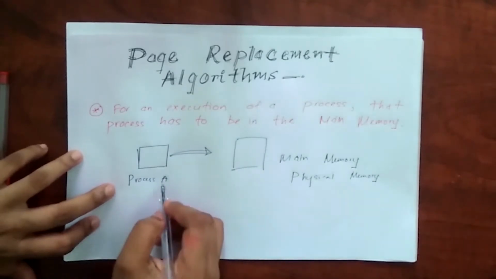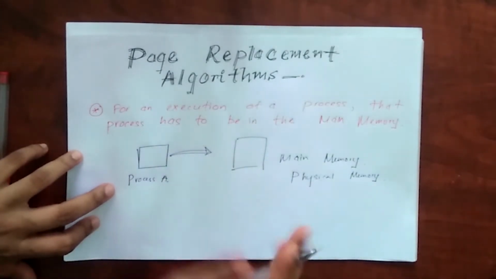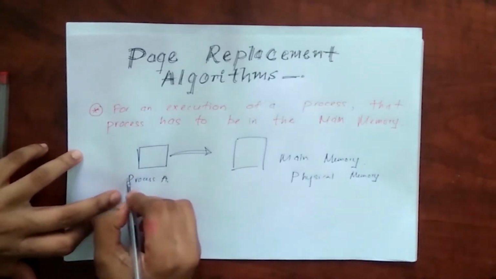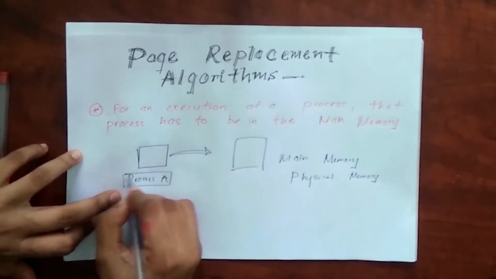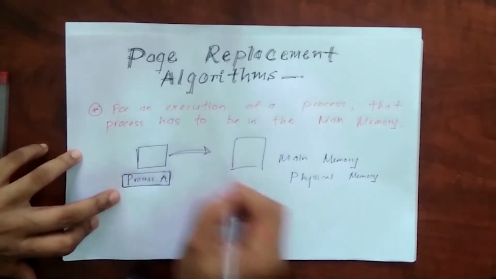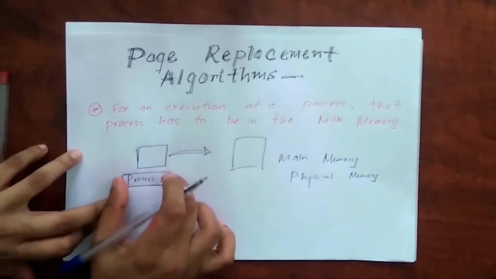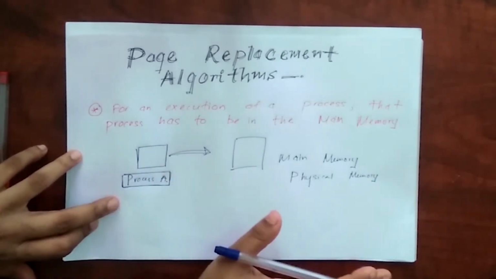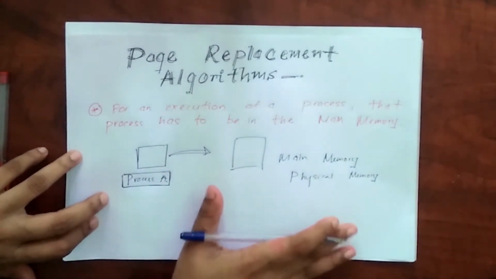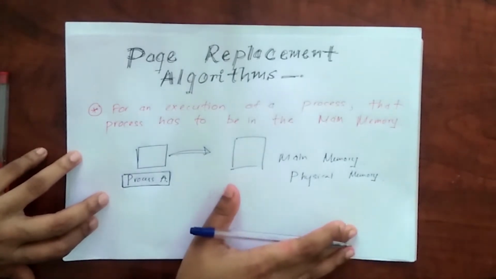So if the CPU wants to execute process A, it should be loaded to the main memory. Otherwise, this process A cannot be executed. So this is the very first, basic thing that I wanted to tell you.